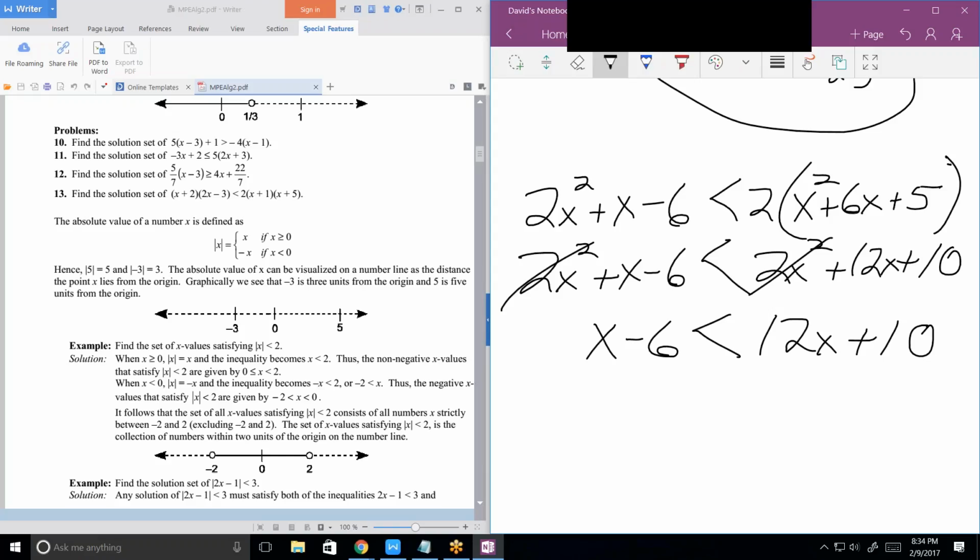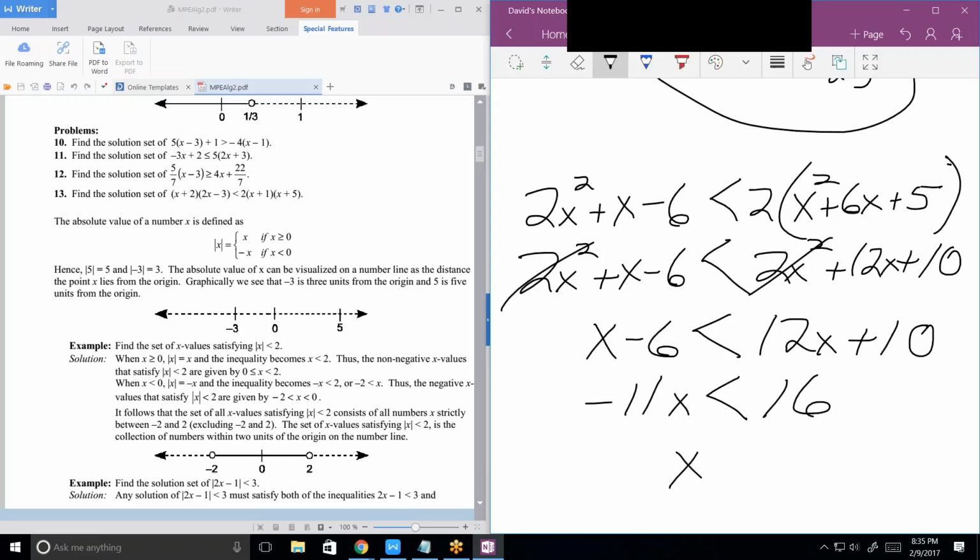Okay, so then to the left, what do you get? Negative 11x minus 6 is less than 10. Okay, next line. So then it would be negative 11x is less than 16. And the next line, x is less than 16 over 11.